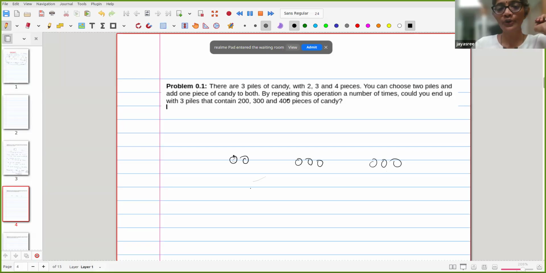Now what will you do? You can choose any 2 of these. Say I choose this and this, and I will add 1 here and 1 here. Like that you can go on adding, choose 2, add 1 to both, and can you get 200, 300, 400 candies at any time? I can see Ishan's hand up.